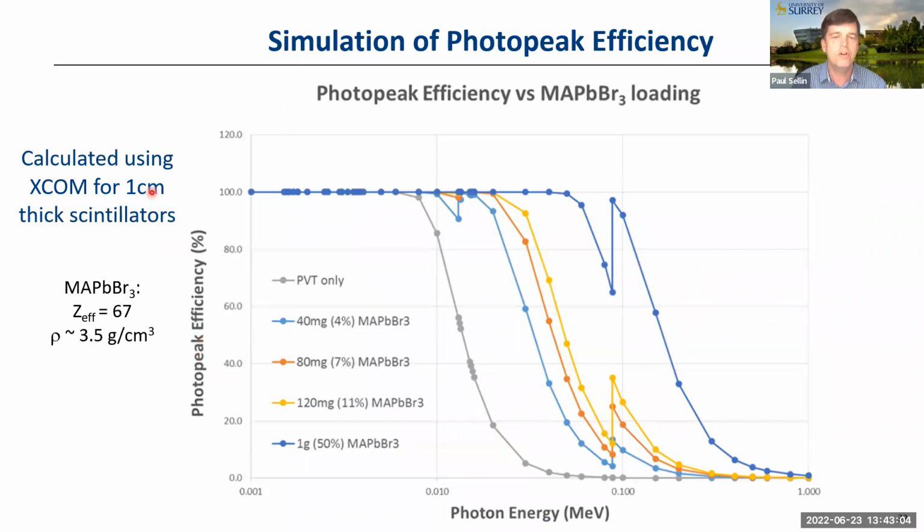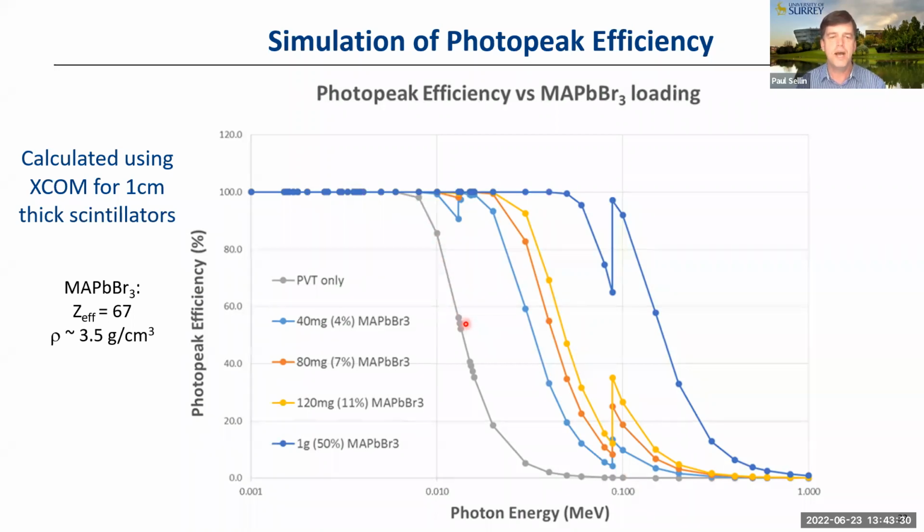can improve if you add relatively small amounts of high Z perovskite nanoparticles in. So you can see in gray, this is the plastic only, showing that the efficiency drops off very quickly. This is 10 kV, this is 100 kV, 1 centimeter thick. So if it's only plastic, the efficiency drops quickly.